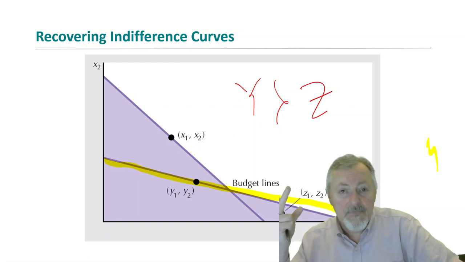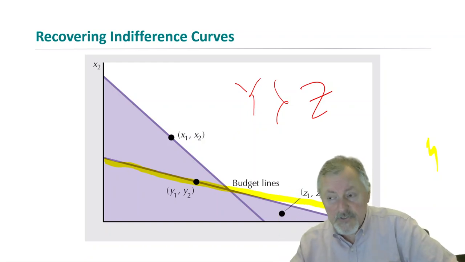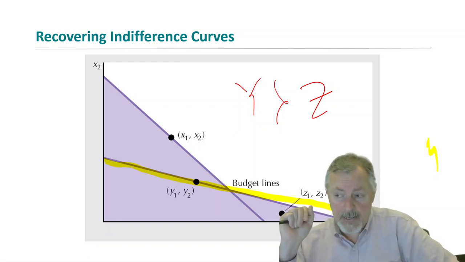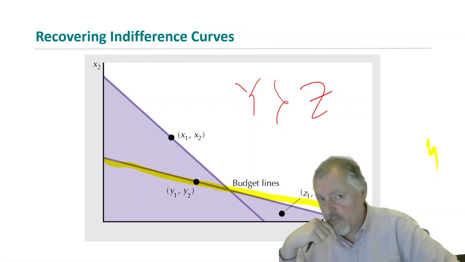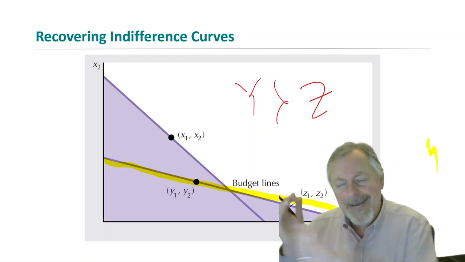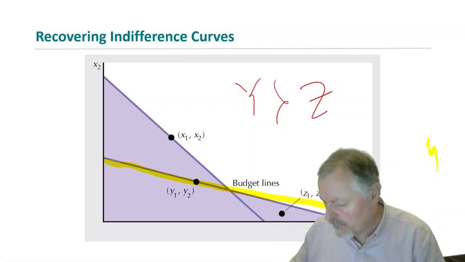Okay, so we have those two facts. The person has directly revealed they like X better than Y, and they like Y better than Z. How does that help us model this person's preferences?